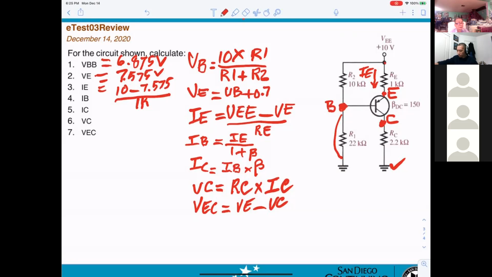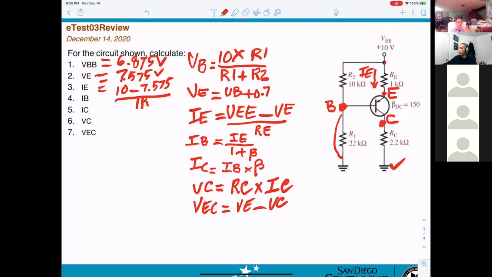IB is 16 microamps. IC is 2.4 milliamps.